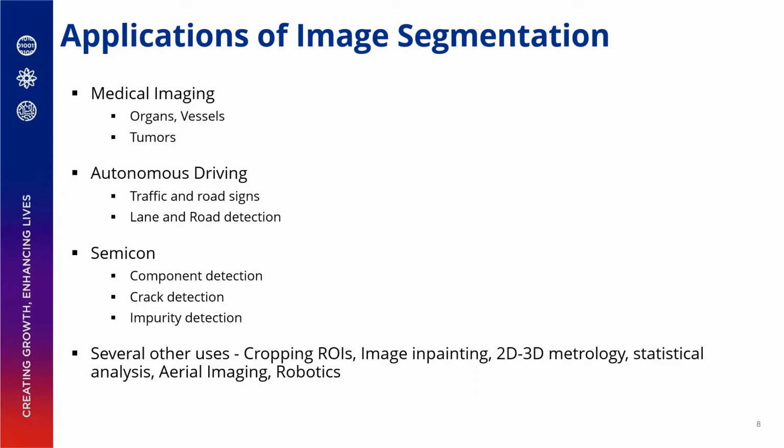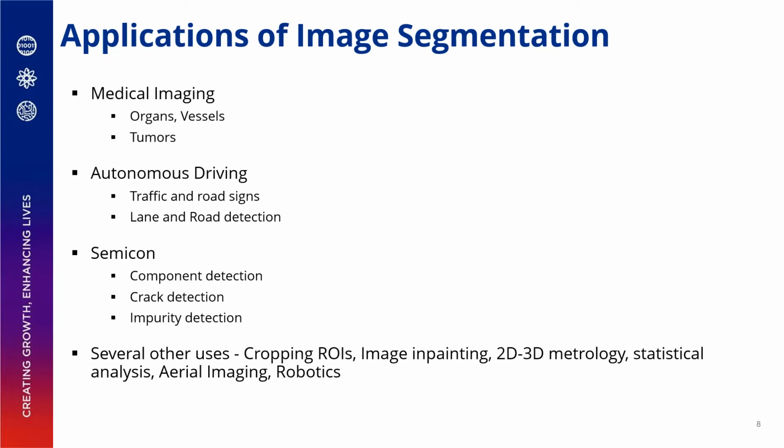Image segmentation is widely used in the semiconductor area. It is used for component detection, especially when it comes to 2D and 3D. You might use it for some buried components such as your TSVs. TSV stands for through silicon vias, your logic die or memory die that you use for chip stacking. You can use it for crack detection that may be present in the semiconductor components, and for measuring the sizes of different components that are being fabricated.